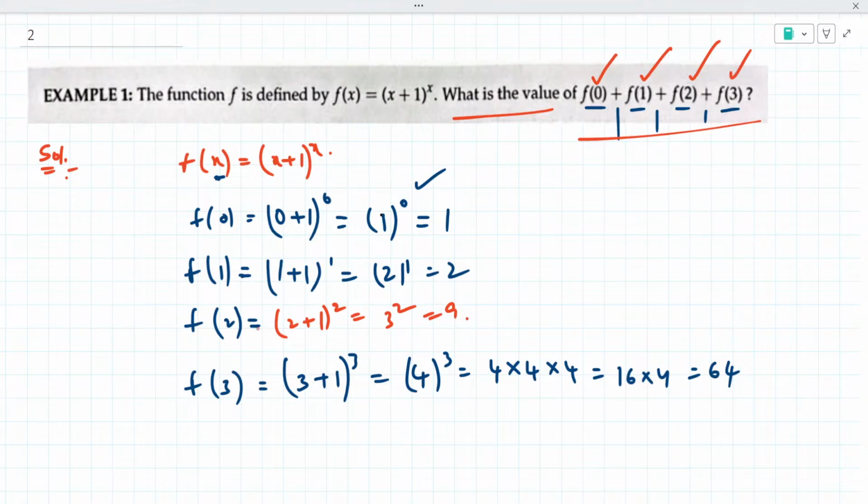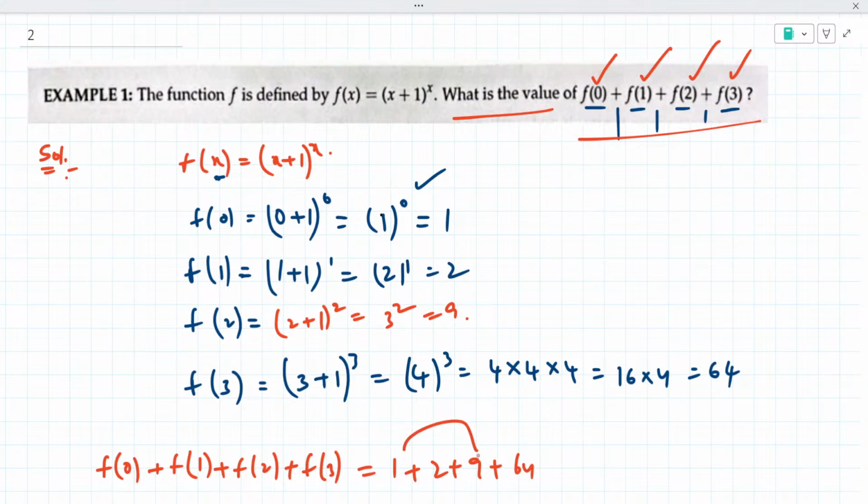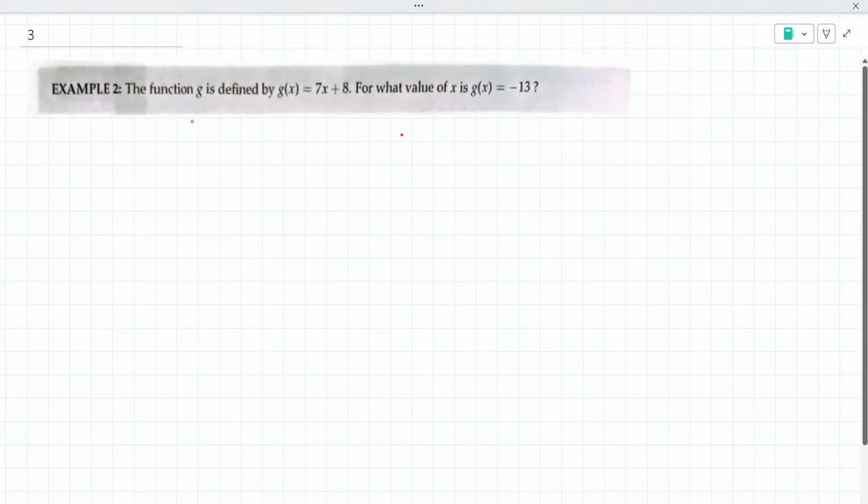Now we have to add all of these y values that we got, f of 1 plus f of 2 plus f of 3. On adding 1 plus 2 plus 9 plus 64: 1 plus 9 is 10, 10 plus 64 is 74, 74 plus 2 is 76. So this is 76. Let's go to the next question.